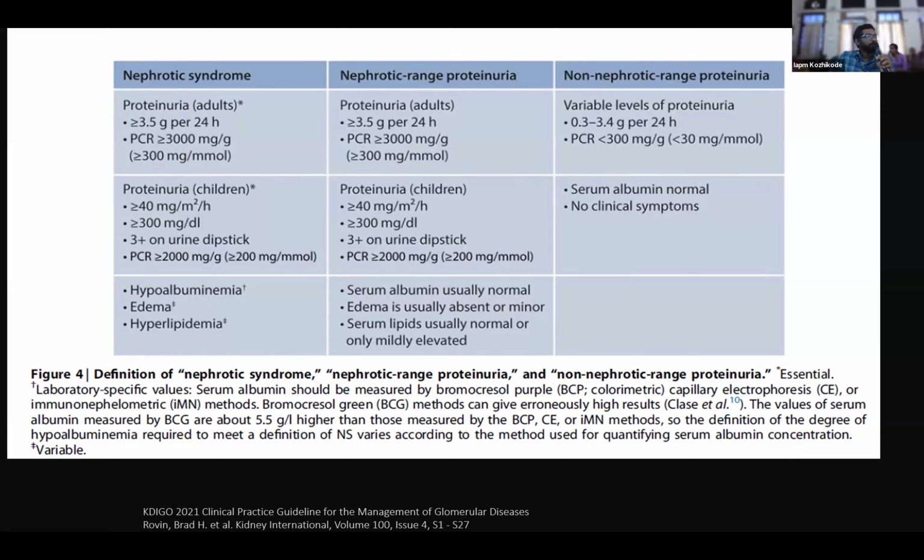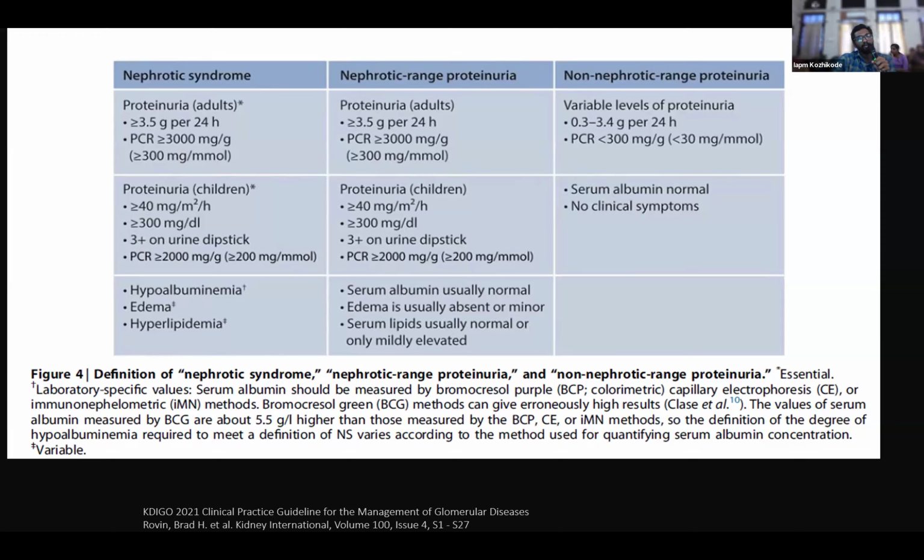In the early morning sample, the effect of postural proteinuria will not be there. So the cutoff for nephrotic syndrome is slightly lessened in UPCR. So they keep it at about 3 grams.